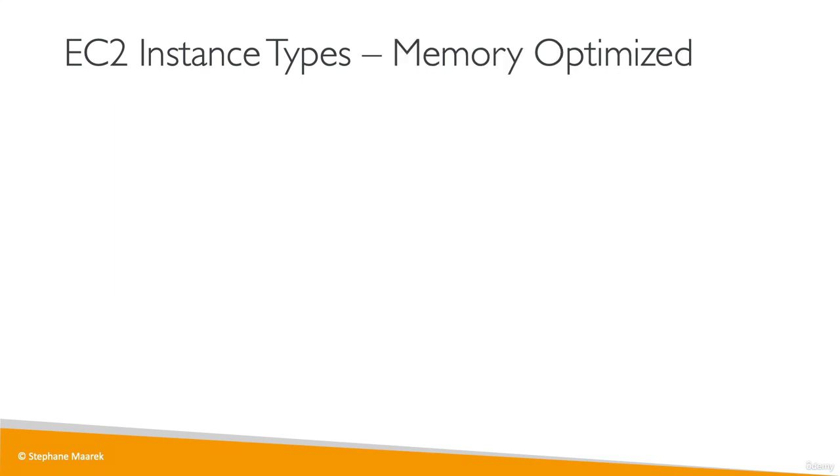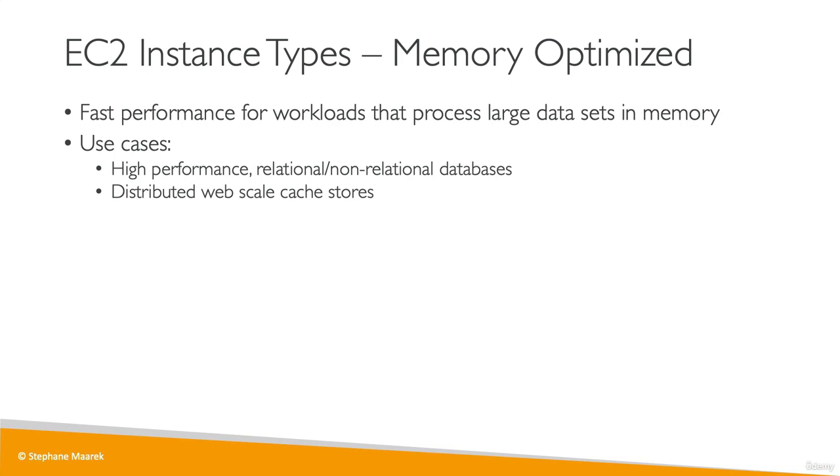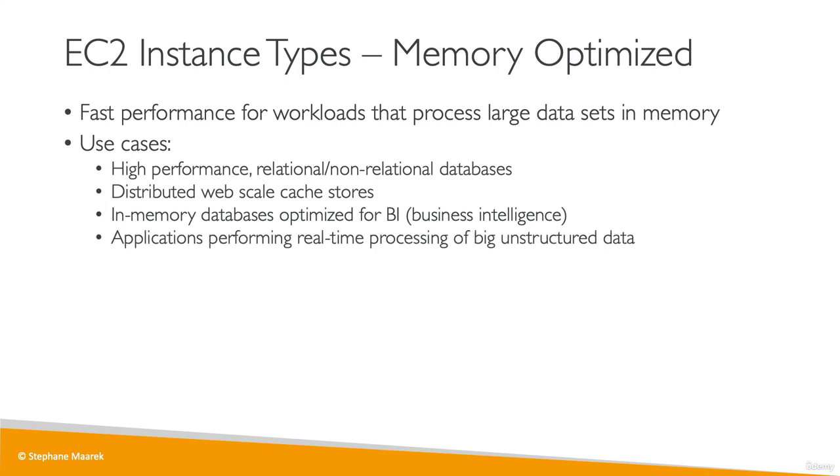Next, we have memory optimized EC2 instances, which have really fast performance for workloads that process large data sets in memory. Memory means RAM. The use cases are high performance relational or non-relational databases, mostly in-memory databases; distributed web scale cache stores, for example ElastiCache; in-memory databases optimized for business intelligence (BI); and applications performing real-time processing of big unstructured data.